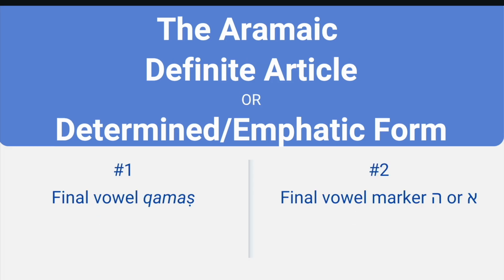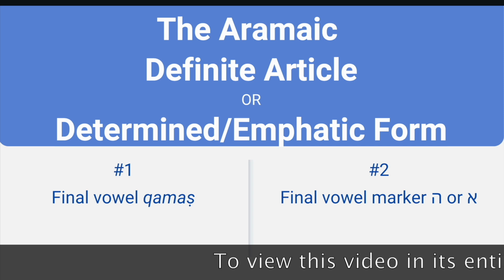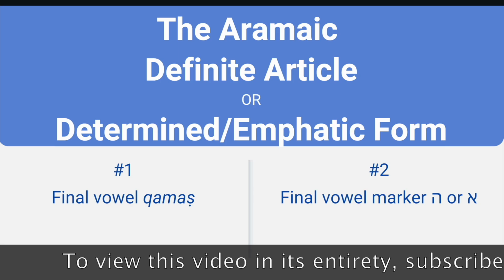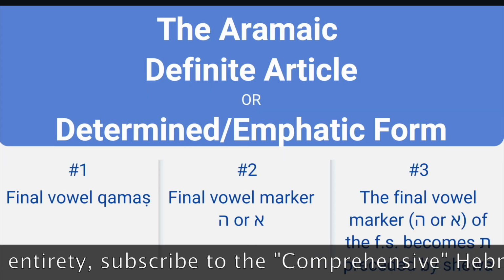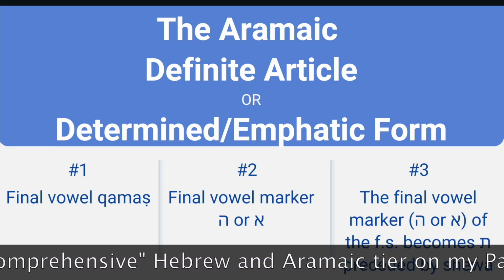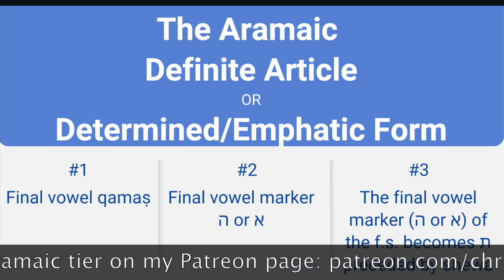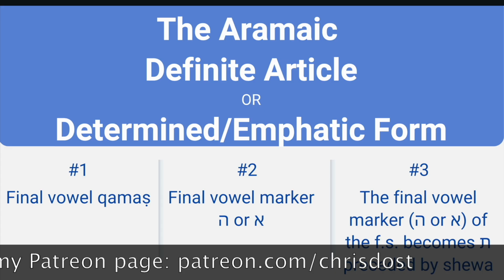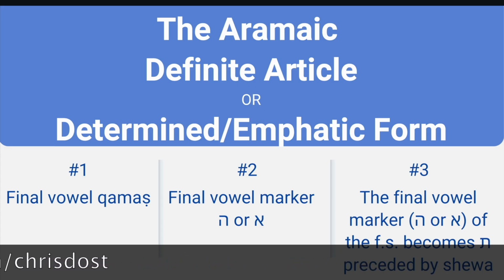So with masculine singular emphatic or determined nouns and adjectives, we expect to see a kamatz and then a final vowel marker, aleph or he. But with the feminine singular determined forms, we expect the final kamatz vowel and the final vowel marker aleph or he, just like the masculine, but that is going to be preceded by a schwa and a tav.